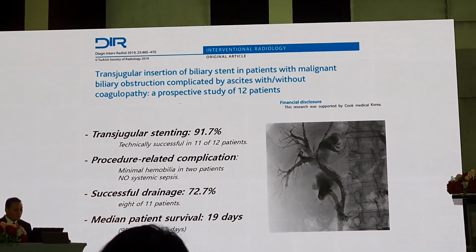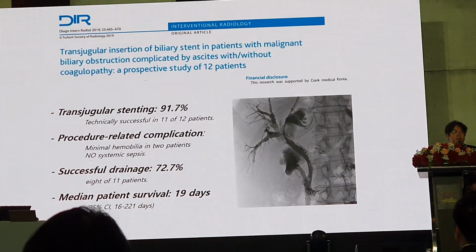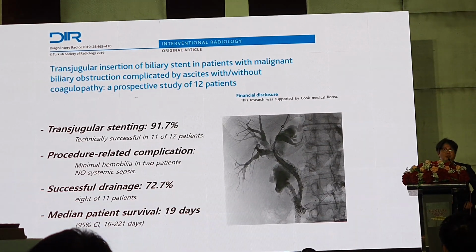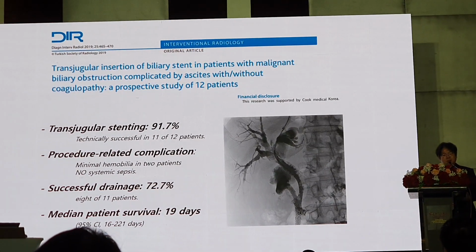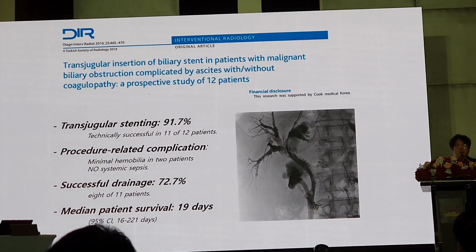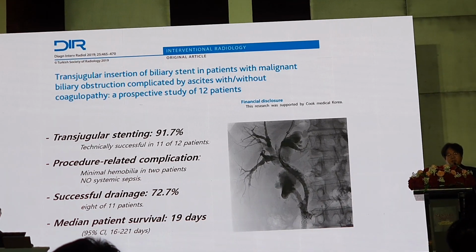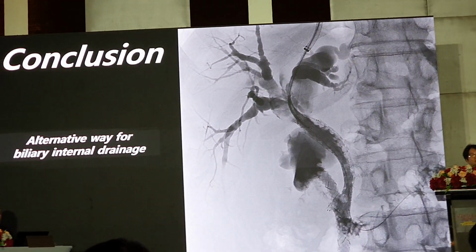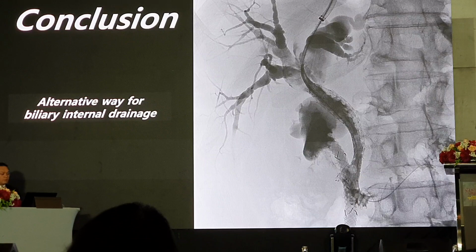Transjugular stenting was technically successful in 92%, and we experienced two minor self-limiting hemobilia. These patients did not require any transfusion or embolization after biliary stenting, and successful internal drainage was achieved in 73%, and median patient survival was very poor, only 19 days, because of the very advanced stage of the disease and underlying conditions. So transjugular biliary stenting can be an alternative way for internal biliary drainage.